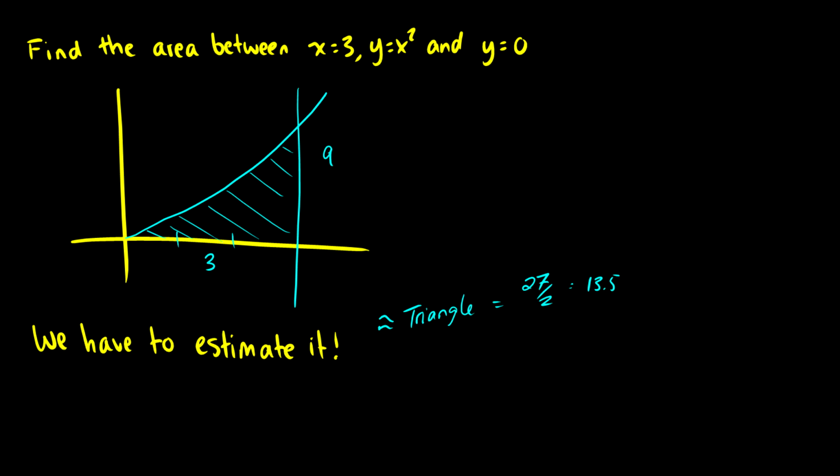In fact, if it were a triangle, we'd see a straight line like that, and we know that we've overestimated our area because we have all this extra stuff in a triangle that isn't going to be included in a parabola. So we know it's going to be less than 13.5, but how much less? And what methods can we use to determine this?